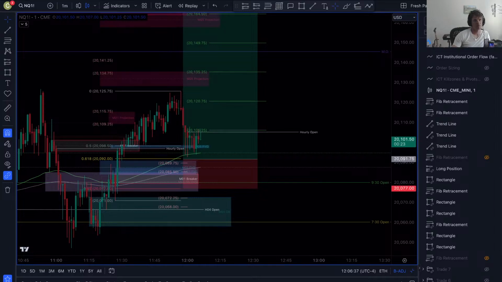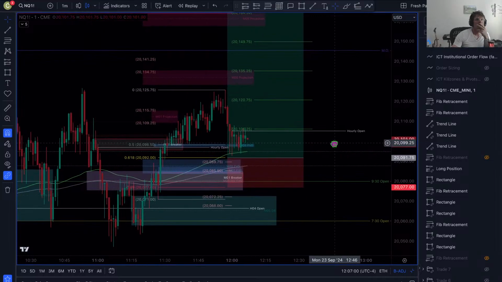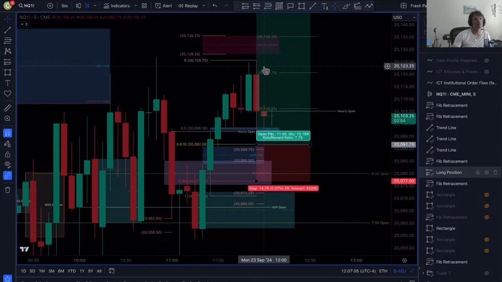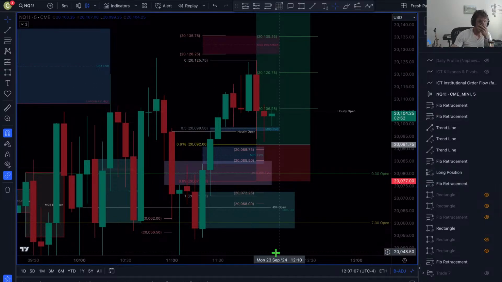A little bit on the 15, the downside. There was some SMT divergence on the 5 minute, but the ES had a higher high, so ES had a high over here too.